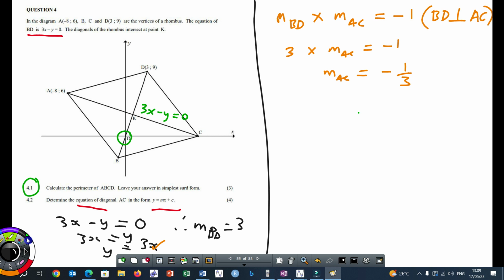I'm going to use the coordinates of A. By the way, I think this will be my first time to find the equation of a straight line in this class. I don't think I did the question on finding the equation of a straight line in this class. You did it last lesson. It wasn't the same question.